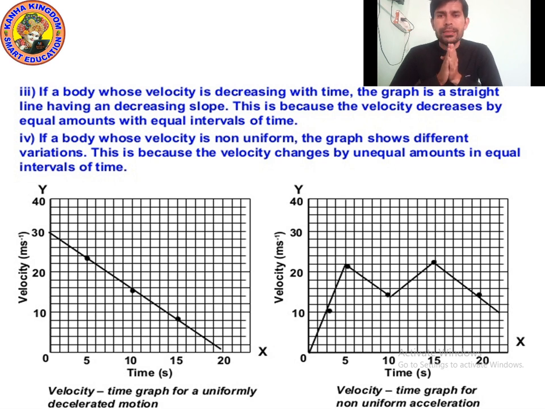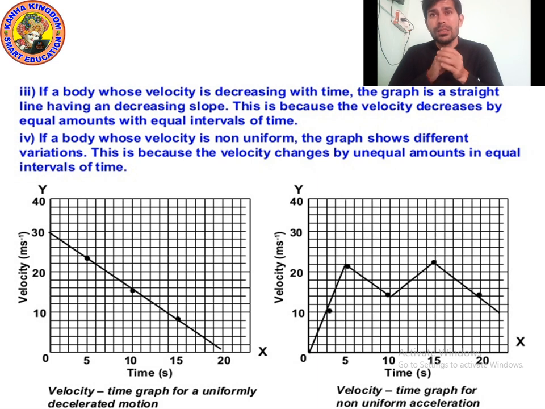As you can see in the picture, suppose your car is at rest, then you start the car, and the velocity increases up to 10, then after 5 seconds it goes more than 20, then after another 5 seconds the velocity decreases and comes to 15 meters per second.